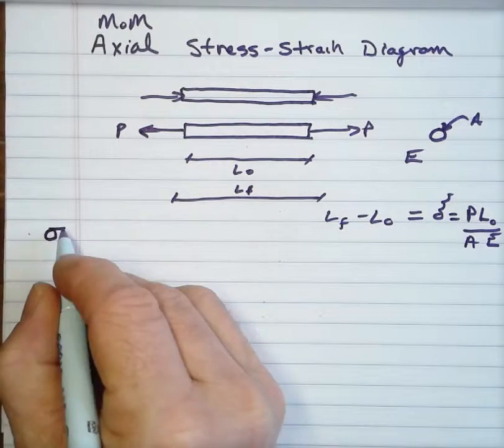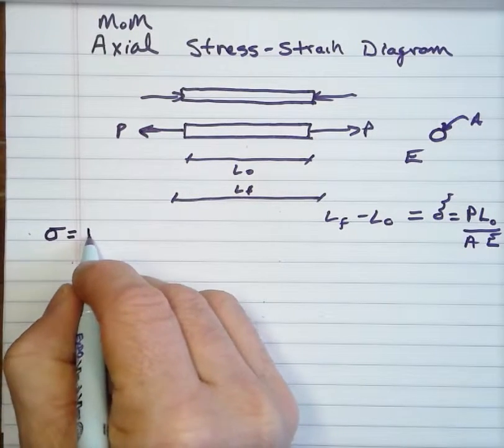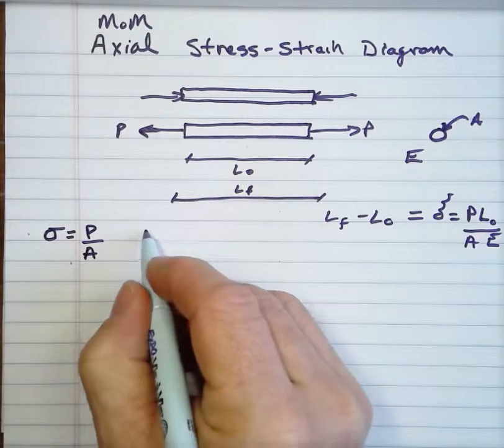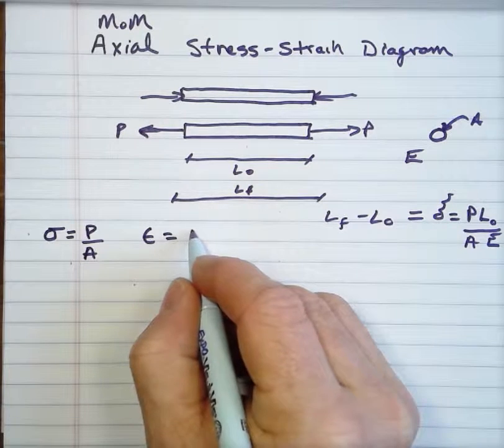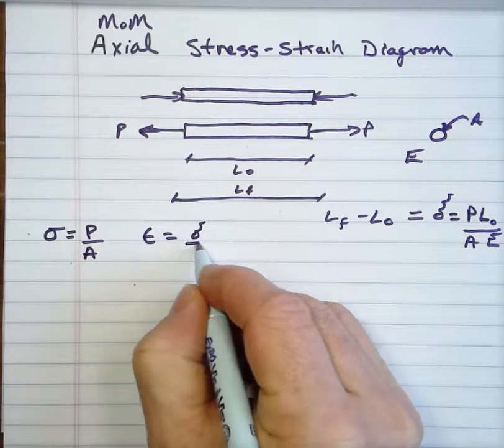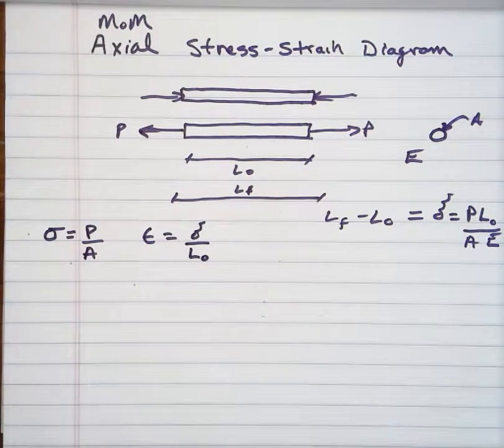We also talked about stress as being P divided by A and strain as being delta divided by original length.